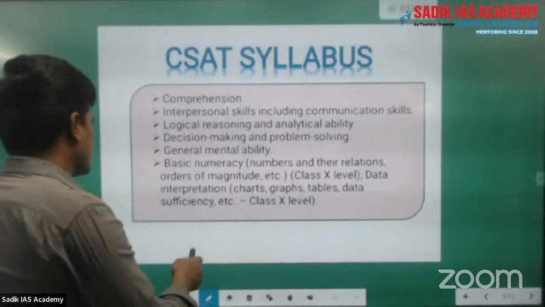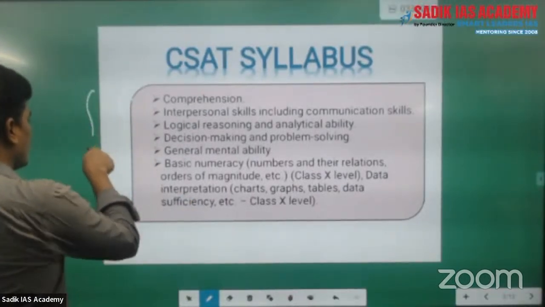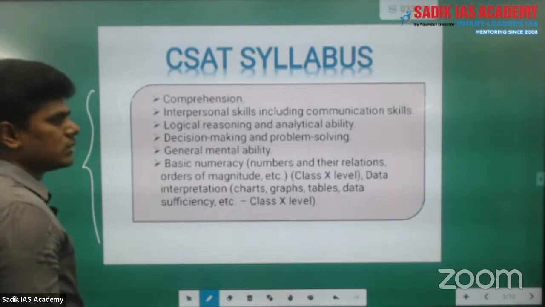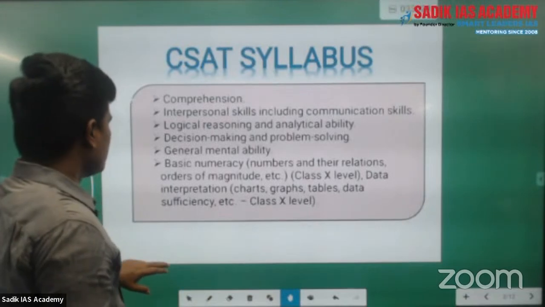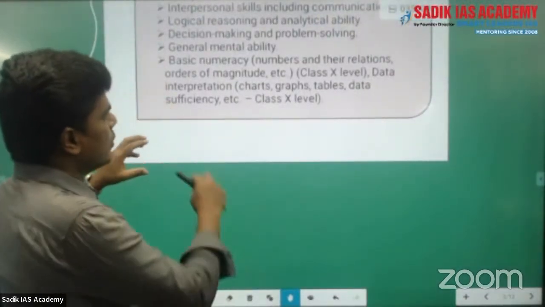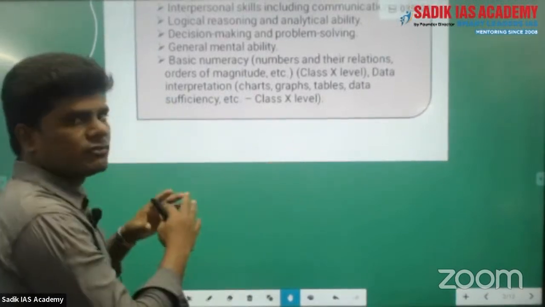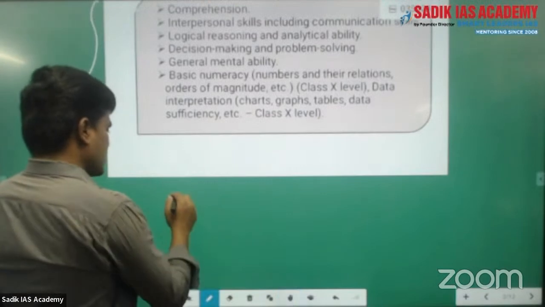This is the syllabus given by UPSC. Now, if I consider this syllabus, I can categorize it into 3. That is basic numeracy, or basic maths, as one topic.